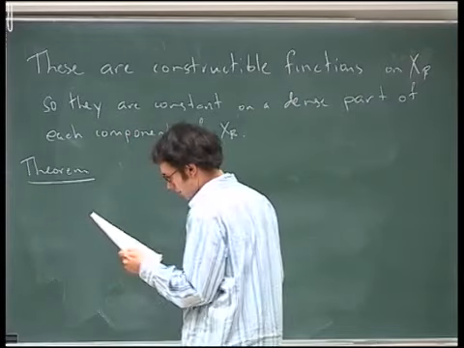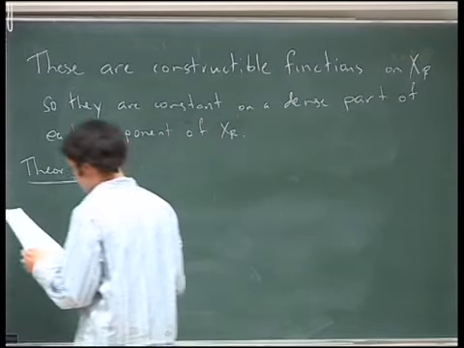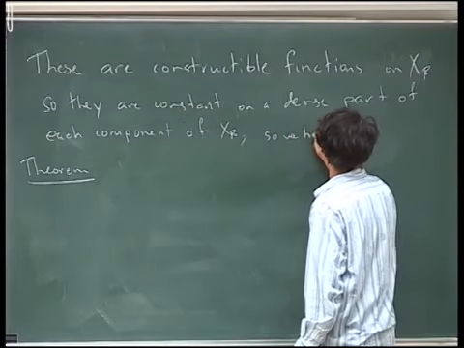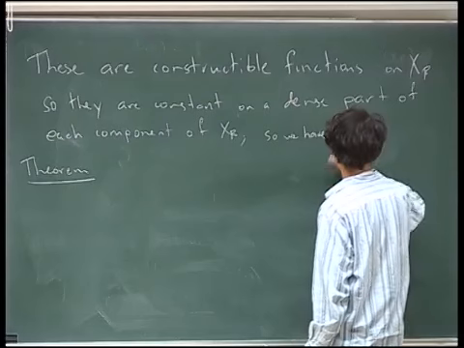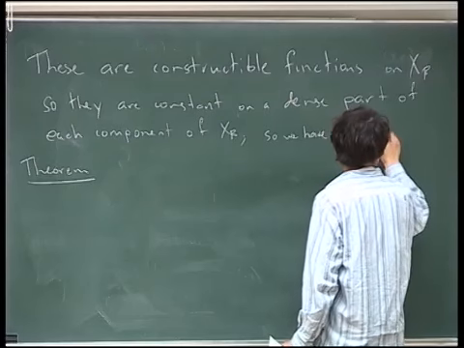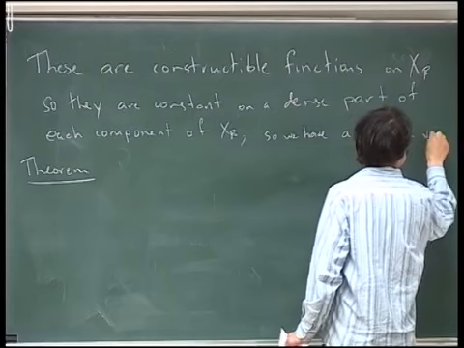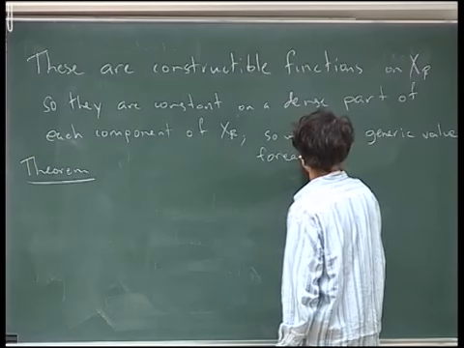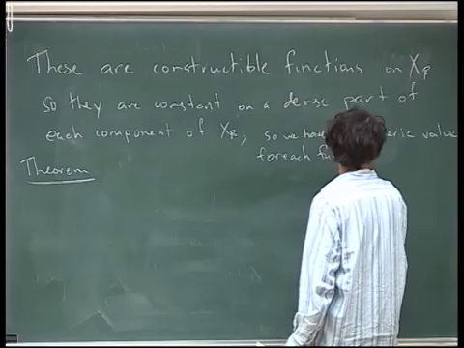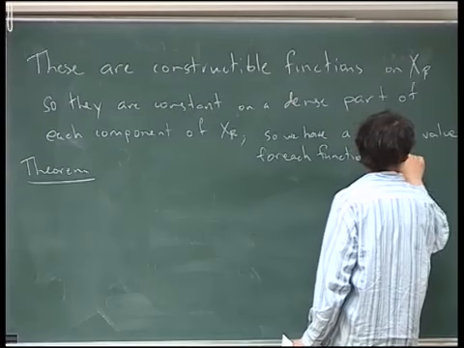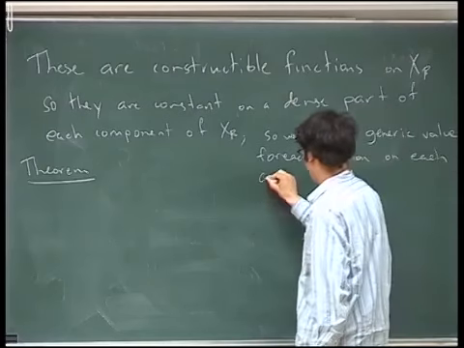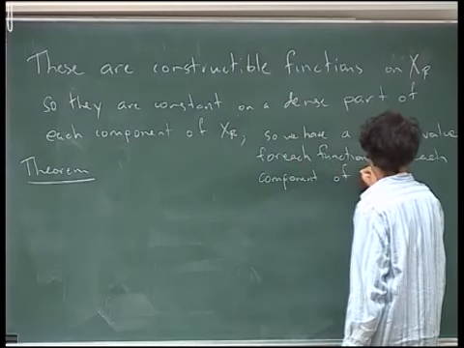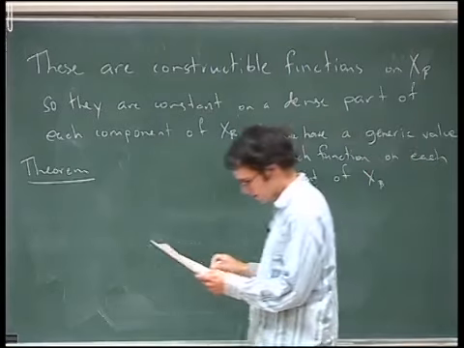We call it the generic value. So we have a generic value for each function on each component of X beta.